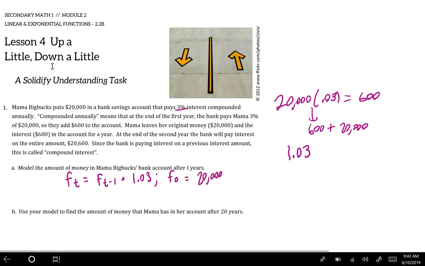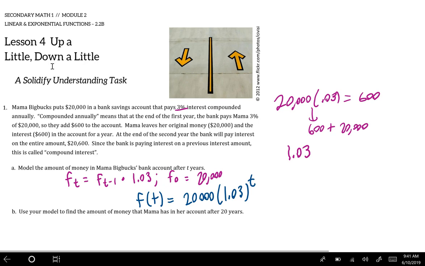But to answer question B, it says use your model to find the amount of money that Mama has in her account after 20 years. That's going to take quite a long time. So it's probably helpful for me to create an explicit rule. f of t. So as we've learned with geometric sequences and as a result exponential functions, which is what this is, an exponential function, we have the starting amount, so 20,000, multiplied by the common ratio, 1.03, raised to the power of t.